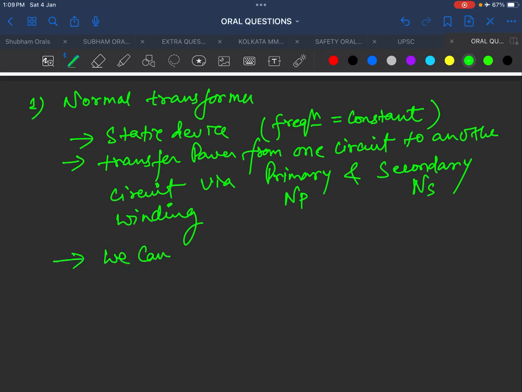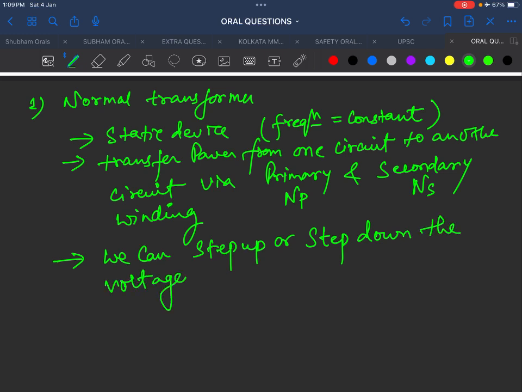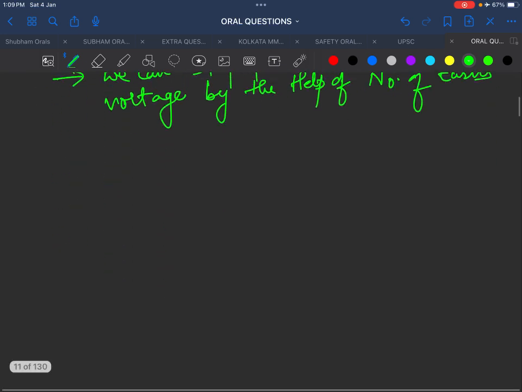We can step up or step down the voltage with the help of the number of turns. What is the number of turns? We are doing the windings in the primary section and the secondary section.